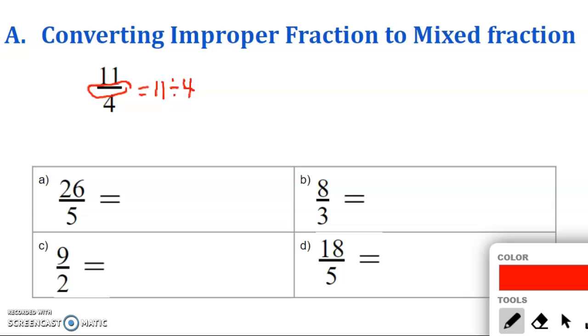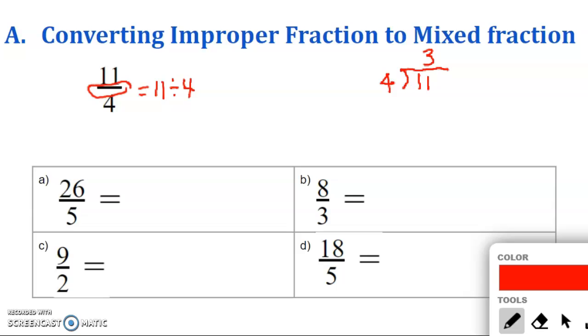Okay, now how do I do division? Well, you do the long division like this, right? Do you remember? What goes inside is the number that we're trying to divide, and what goes outside is the number that you're dividing by. So here you're asking yourself, how many times does 4 go into 11?